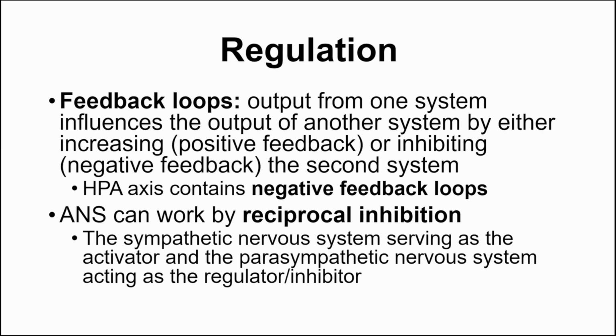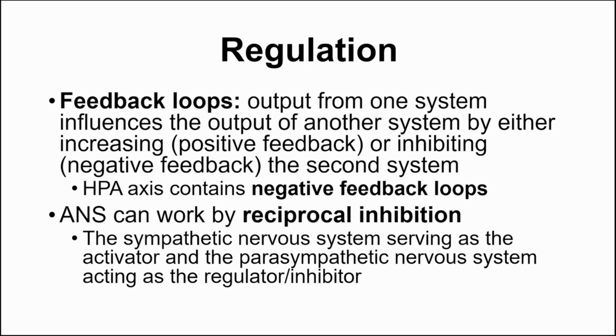So negative feedback loops are usually going to be a lot more common. And within our HPA axis, we have some of these negative feedback loops where we're going to have sort of monitoring of our signals, especially, like I said before, where our hypothalamus is going to be monitoring both neural signals and levels of things in our bloodstream. The hypothalamus is involved in helping us control the levels of different hormones that have been released.